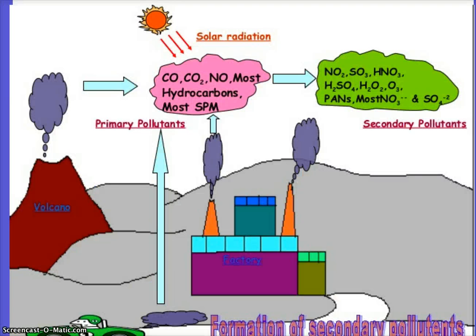So somebody asked to describe the difference between primary and secondary, and if you look at this diagram, and this is what I was talking about before, just the factory alone is contributing to carbon monoxide, carbon dioxide, nitrous oxides, and some particulate matter. Particulate matter is particles in the atmosphere, so any kind of debris.